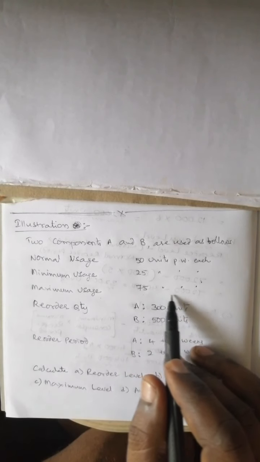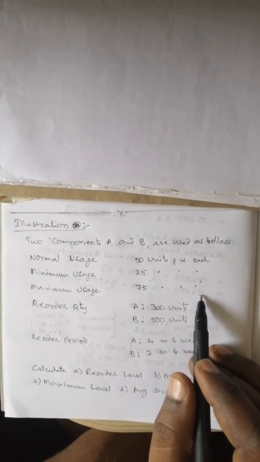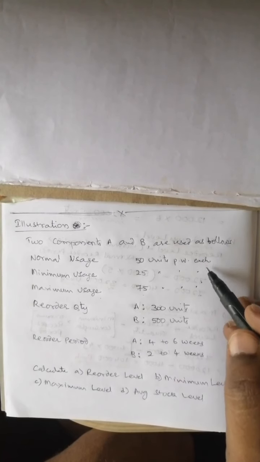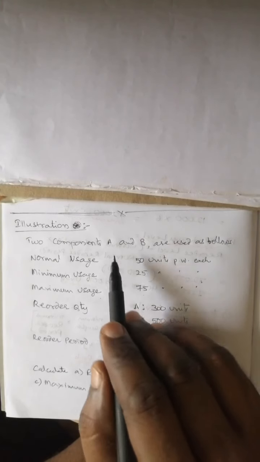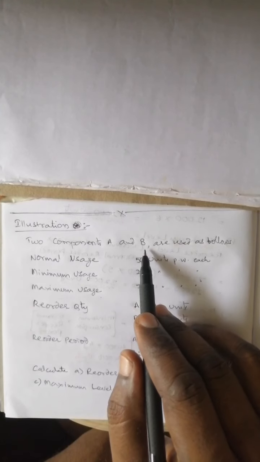Maximum usage 75 units per week. These units are applicable to both component A and component B. Normal usage, minimum usage, maximum usage is a common number of units to both component A and component B.